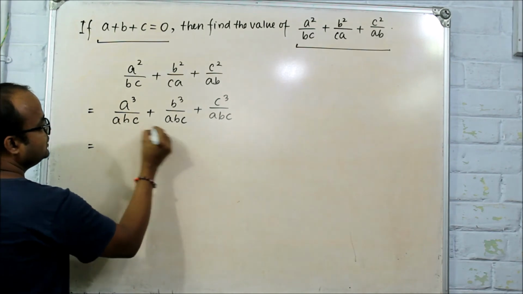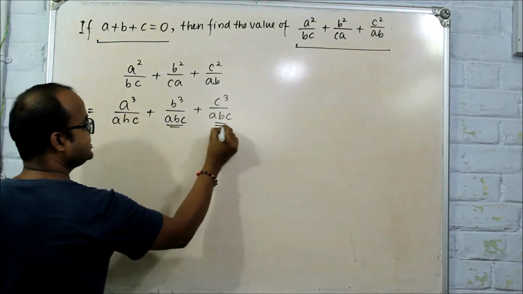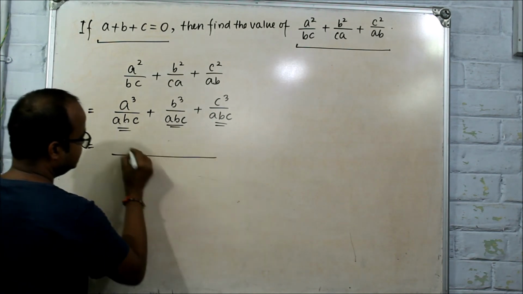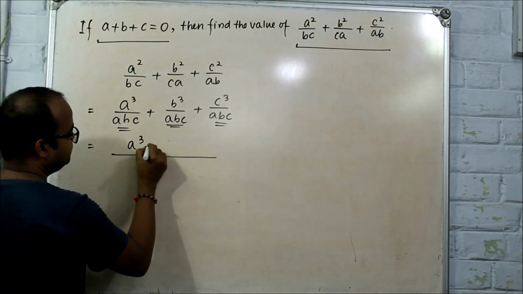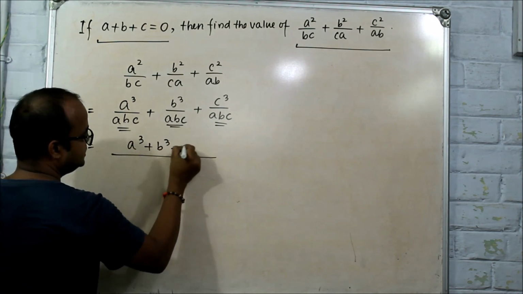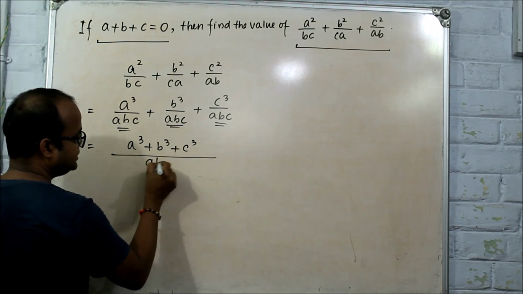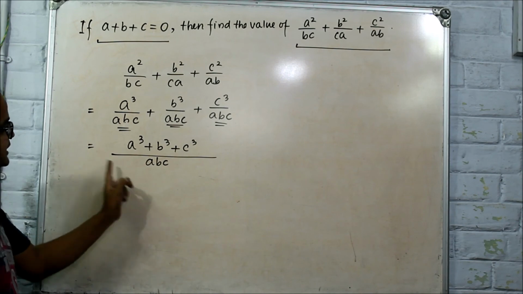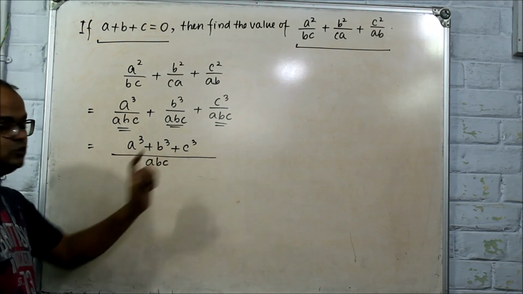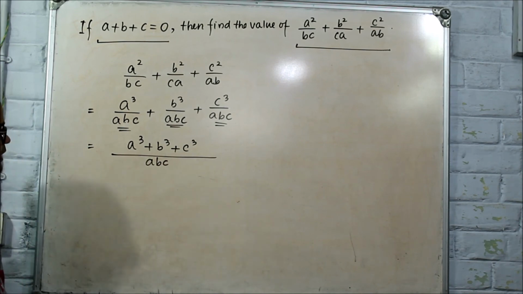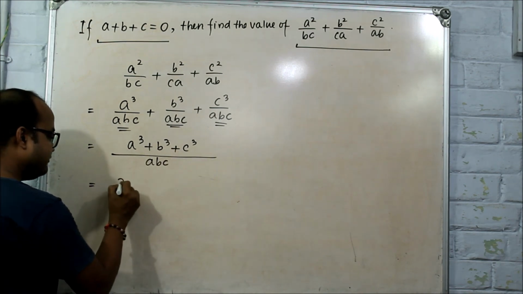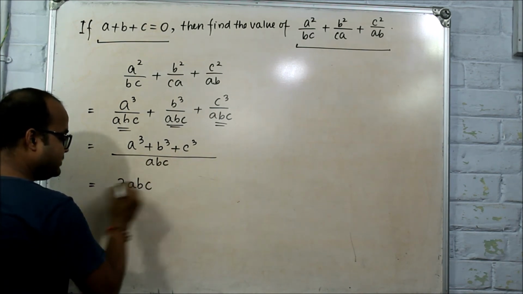Now the new denominator is the same, so if you add, you will get a cube plus b cube plus c cube by abc. If the denominator is the same, in case of addition, simply we need to add the numerators. Now a cube plus b cube plus c cube can be written as 3abc.